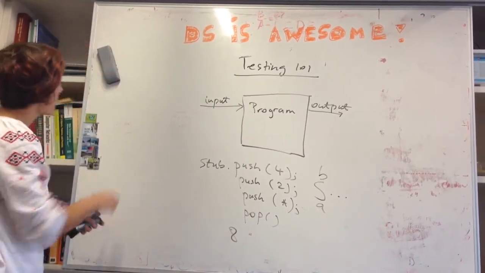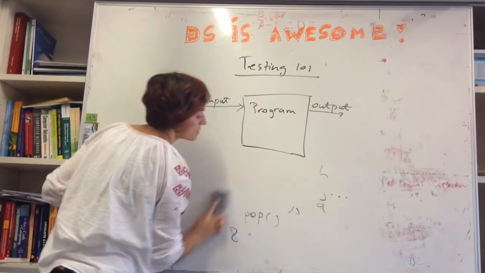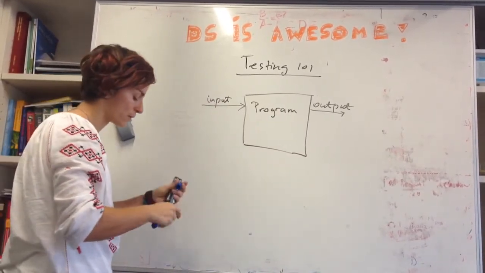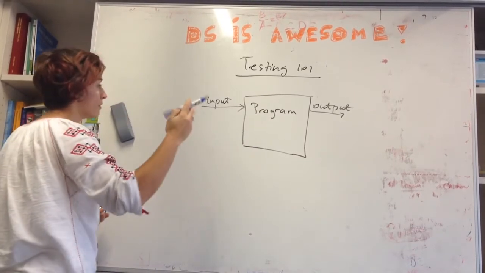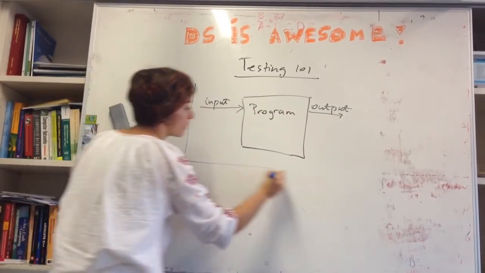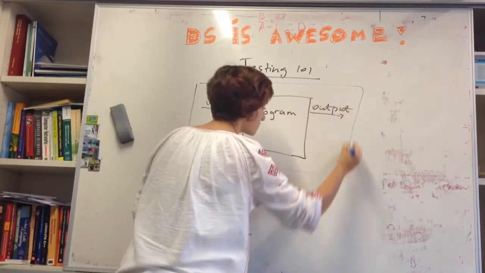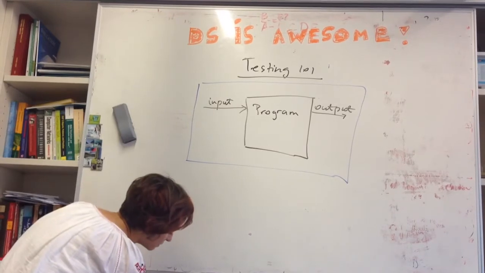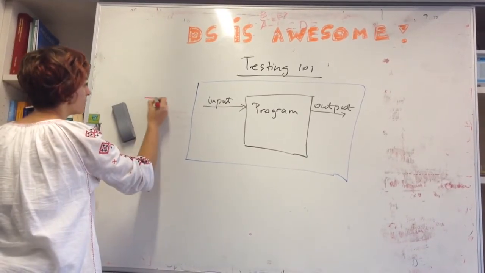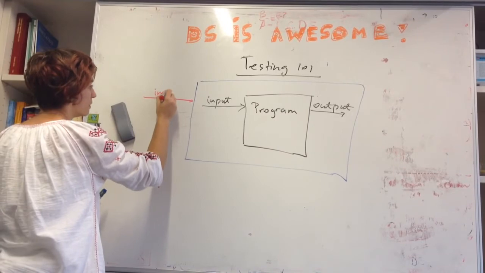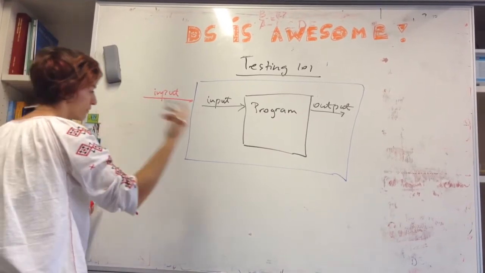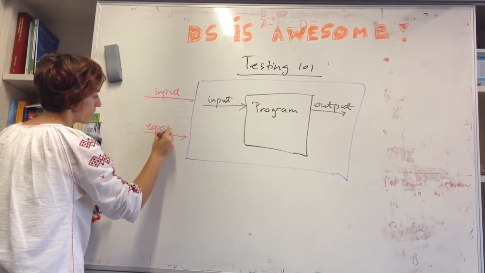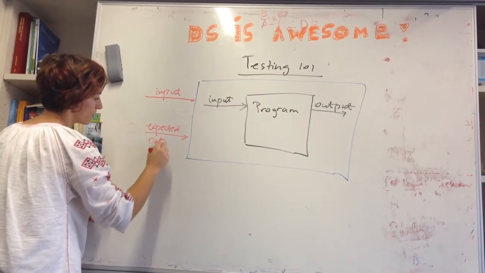So when we do testing, we surround this program with a testing harness, and I'm going to talk later about how this can be done in Java. What this basically does is it takes an input, and for each kind of class of inputs, it is going to take an expected output.